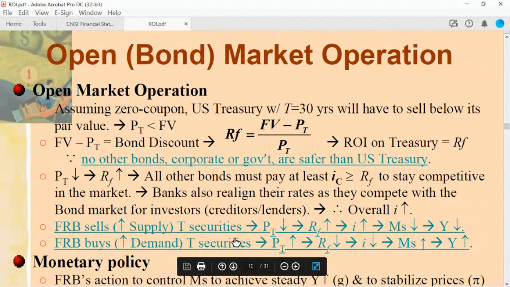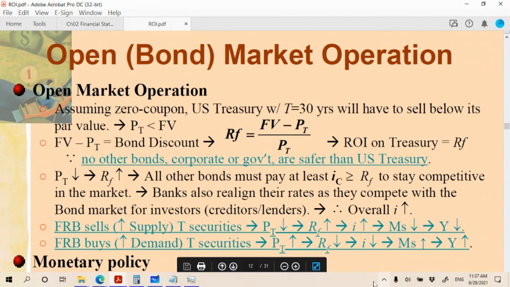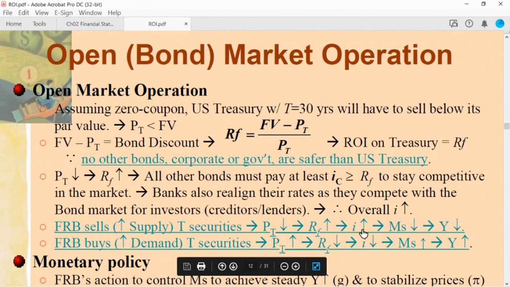There's no better way. So now we understand, because of this inverse relationship between price and return, when price goes down, return goes up, and the overall interest rate in the economy goes up. And overall interest rate going up is not a good thing. If you still think, after all these classes, that high interest rate must be a good thing, no, it's a good thing for the lender, but not for the borrower.